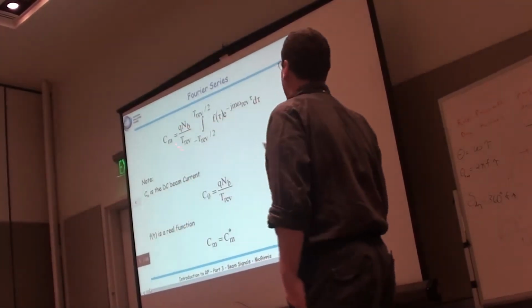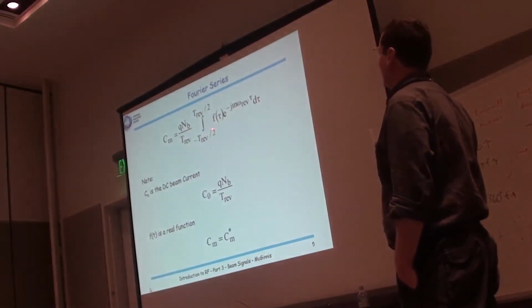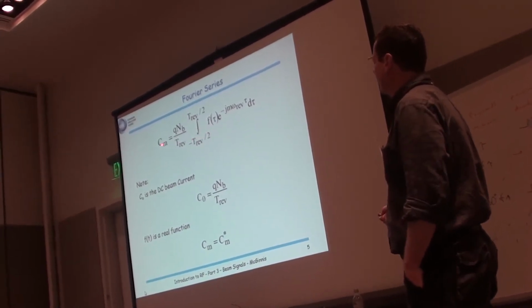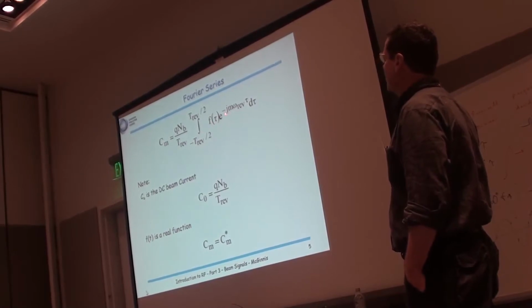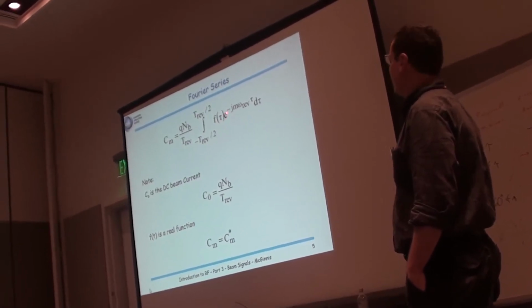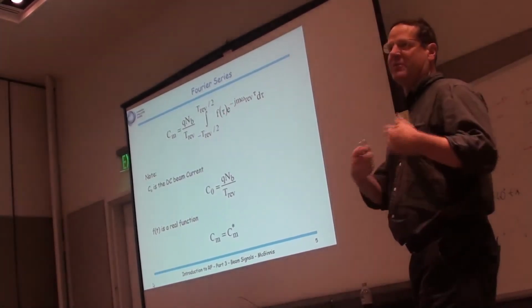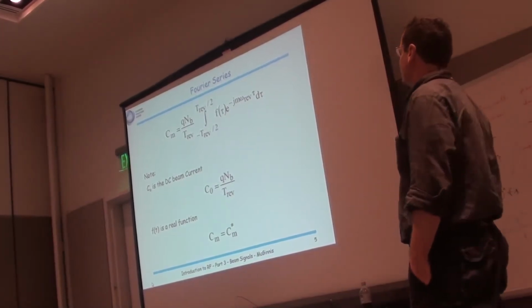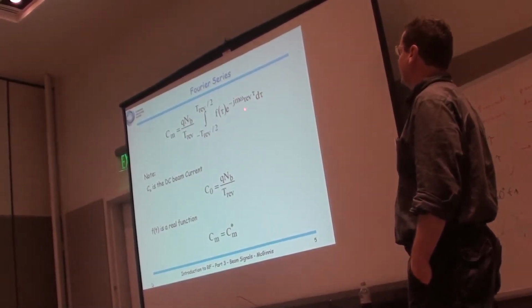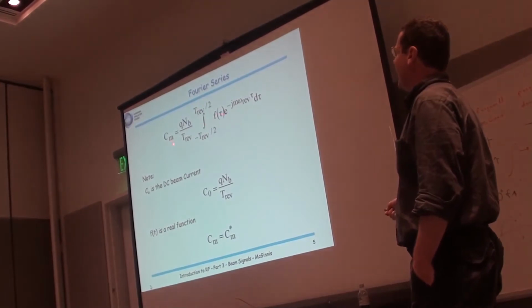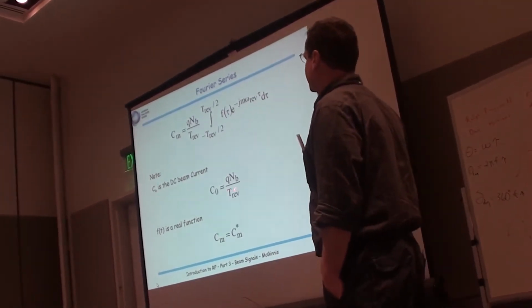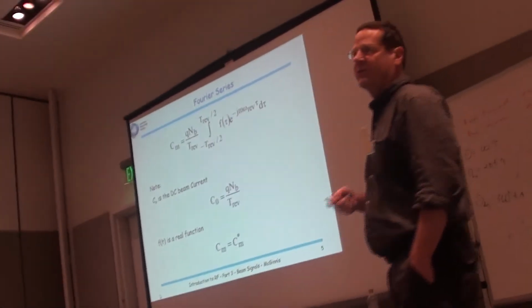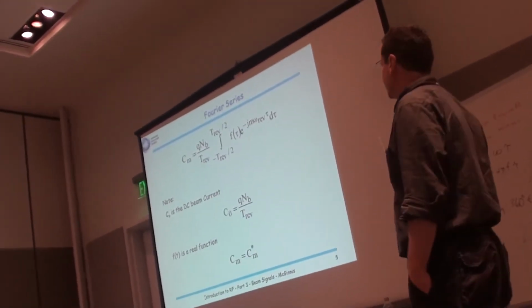So the Fourier coefficient for each harmonic is just the shape factor integrated over the sine wave of that harmonic. I'm assuming that you guys have seen this before, so you're just multiplying it by the sine wave of the harmonic, you integrate it, and that gives you the Fourier coefficient. Note that C0 is the DC beam current. That's what you would measure for the DC beam current.